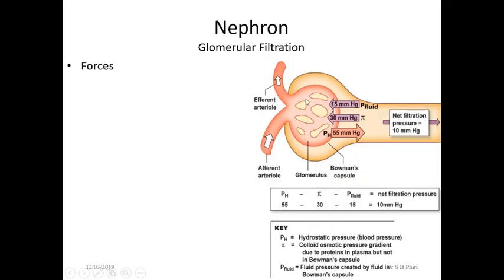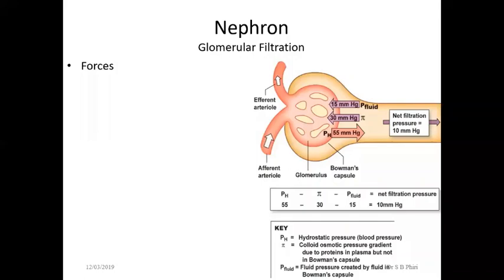That buildup of fluids within the glomerular capillaries will create hydrostatic pressure. The hydrostatic pressure is the pressure created due to the presence of water molecules. As the water molecules accumulate within the glomerular capillaries, they create hydrostatic pressure that starts pushing the fluids into the Bowman space across the filtration membrane.